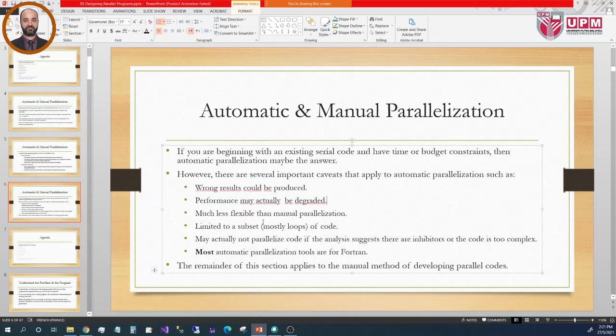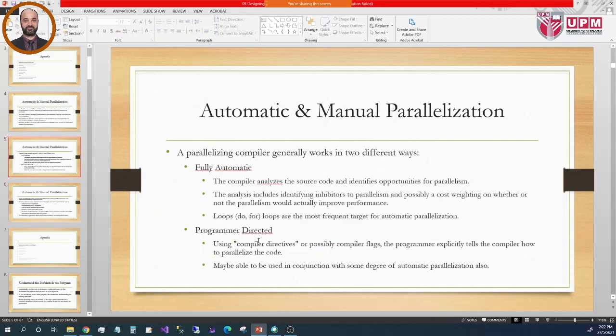Why? Because if the problem is very small, there is no point in making it parallel. The performance is going to be degraded because we introduce extra overhead for communication, synchronization, and threading, which makes things slower.